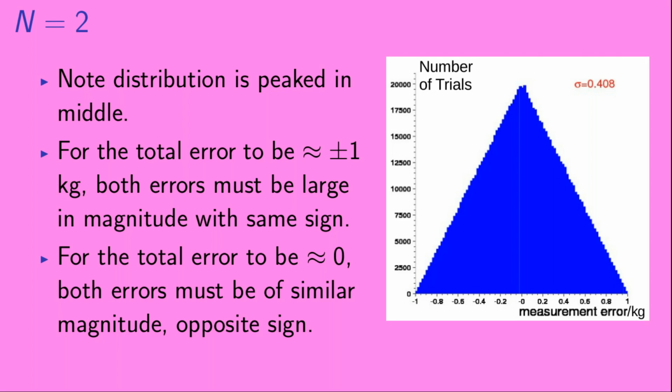On the other hand, in order for the total error to be near 0, both of the errors must be of similar magnitude and opposite in sign, but they don't both have to be small or large. They can actually be over a large range. So for that reason, there end up being a lot more trials with errors near 0 than near plus or minus 1 kilogram.